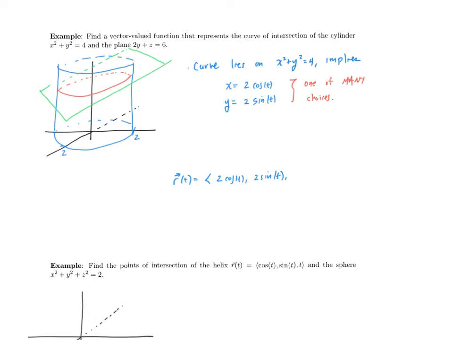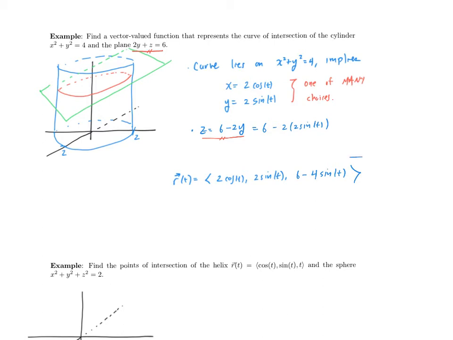So looking at the equation of the plane, note that z is equal to 6 minus 2y. So writing down precisely that equation of the plane and slightly regrouping the terms. And from above, if we say y is 2 sine t, this would make z equal to 6 minus 4 sine t.